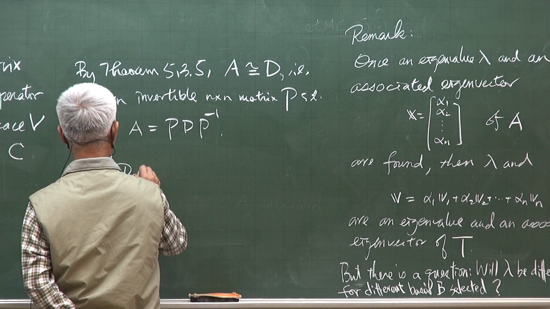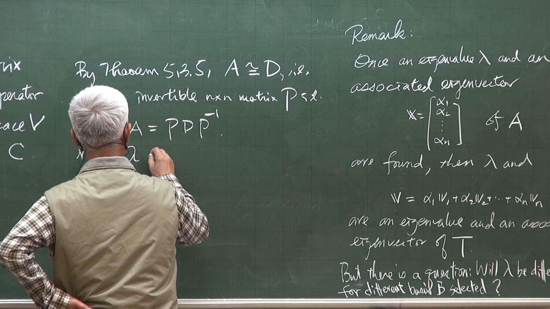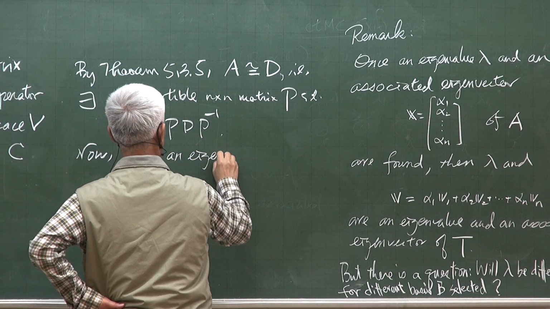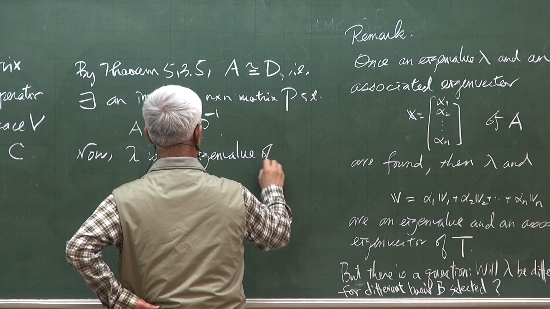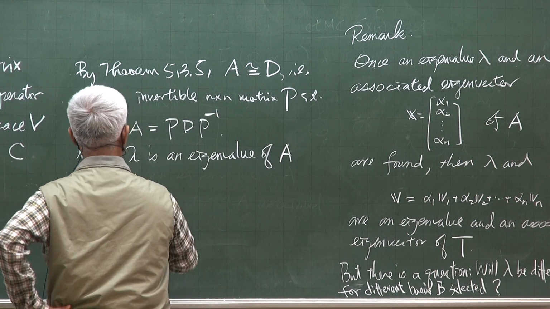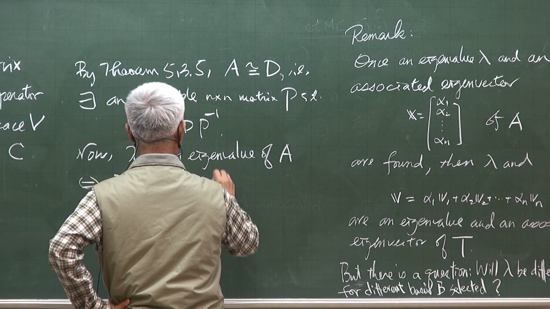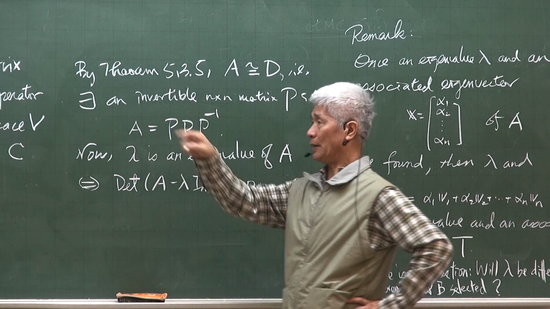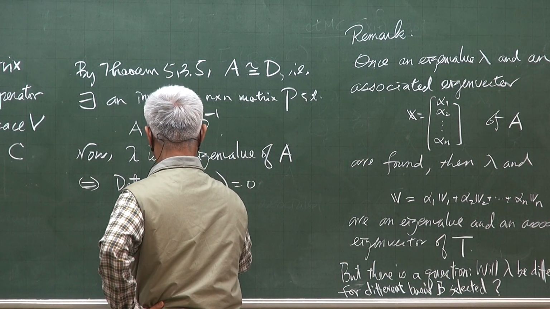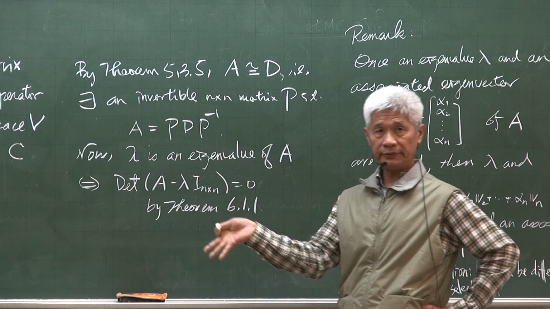So now lambda is an eigenvalue of A if and only if the determinant of A minus lambda I n equals 0. By theorem. Okay, we just proved it.